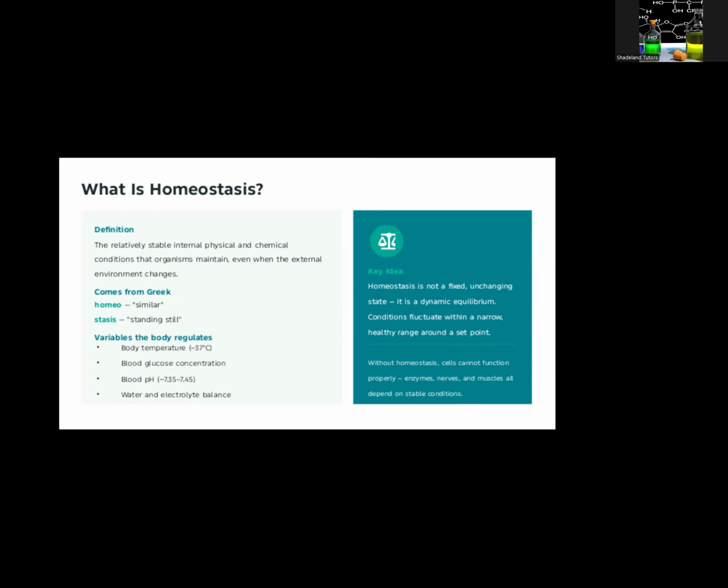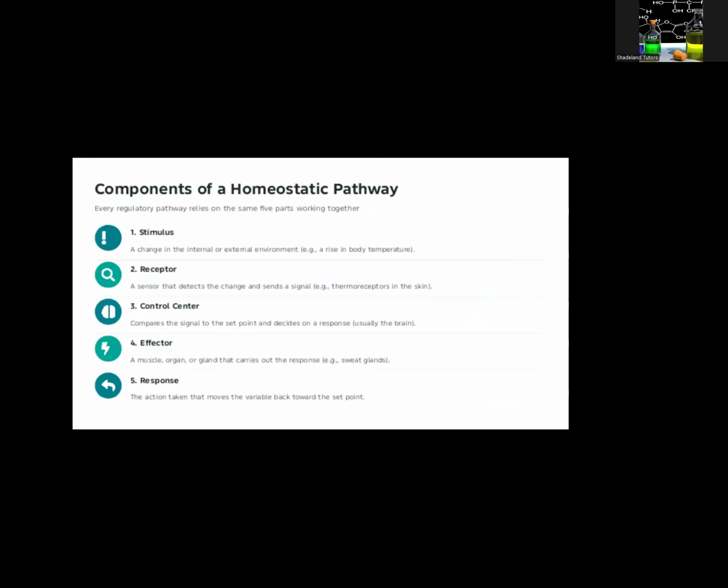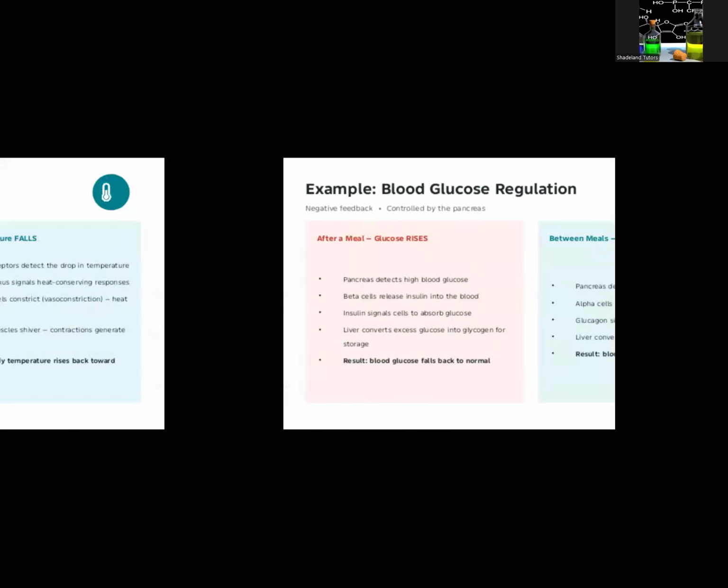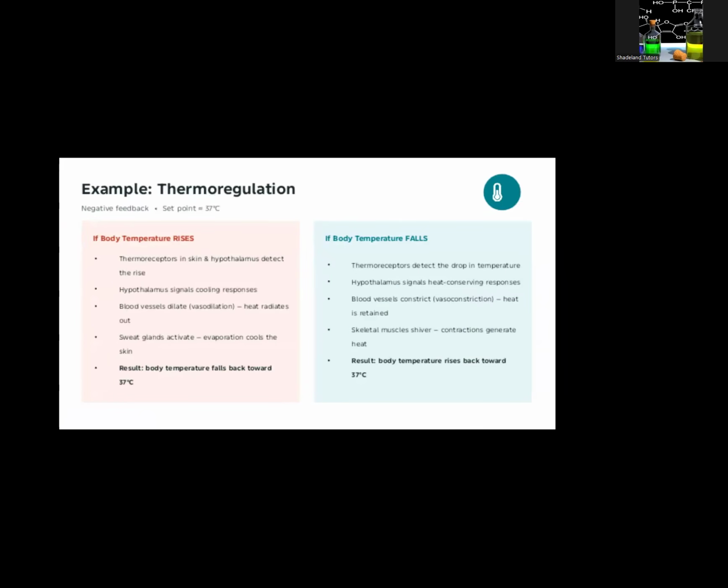Now let's look at how body temperature is regulated. How is body temperature regulated? That is what we call thermoregulation. Now, thermoregulation is carried out by the skin together with the hypothalamus.